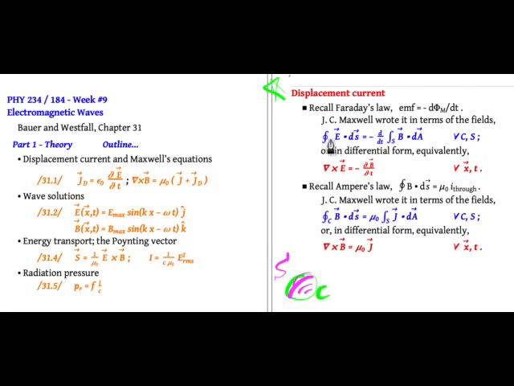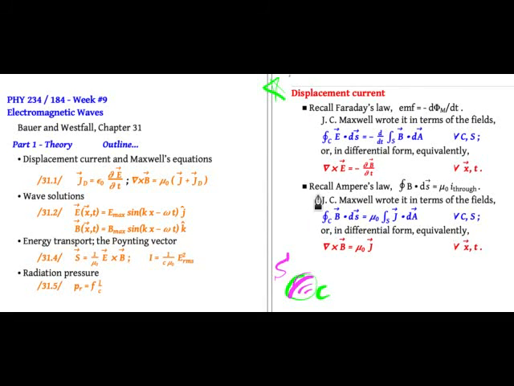All right, this integral relation holds for every curve in space and for every surface bounded by that curve. This differential equation, really a partial differential equation, holds at every point in space and at every time. So these are very general equations. All right, well that was week 7, electromagnetic induction.